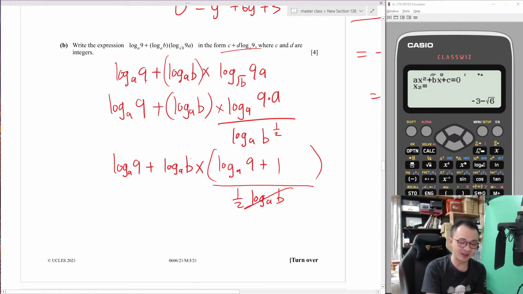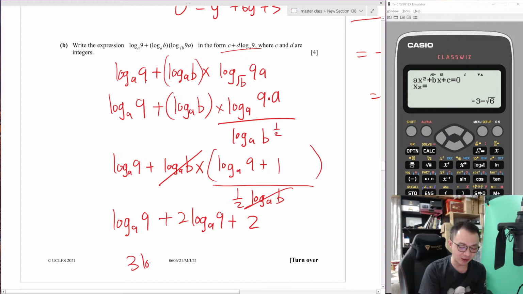Okay, so log a b and log a b I can cut now. Then the whole thing becomes a lot easier. The half will become multiply by 2 for the whole thing. So it becomes 2 log a 9 plus 2. Then I will add them, it becomes 3 log a 9 plus 2. So this is my answer. Of course, I want to write it in the form they want.